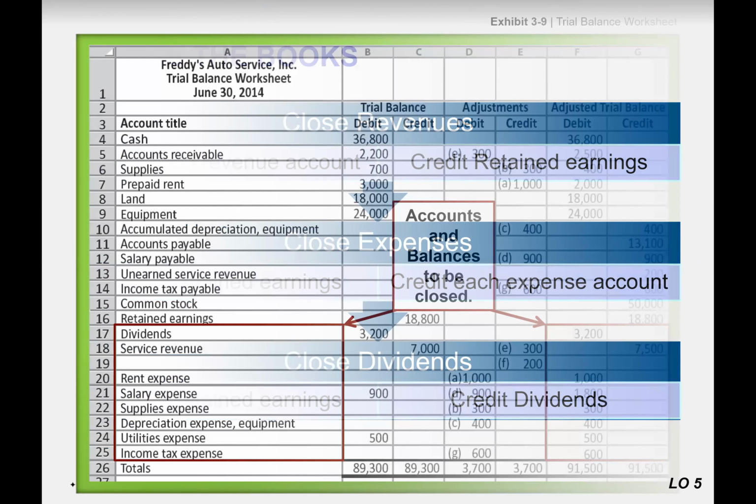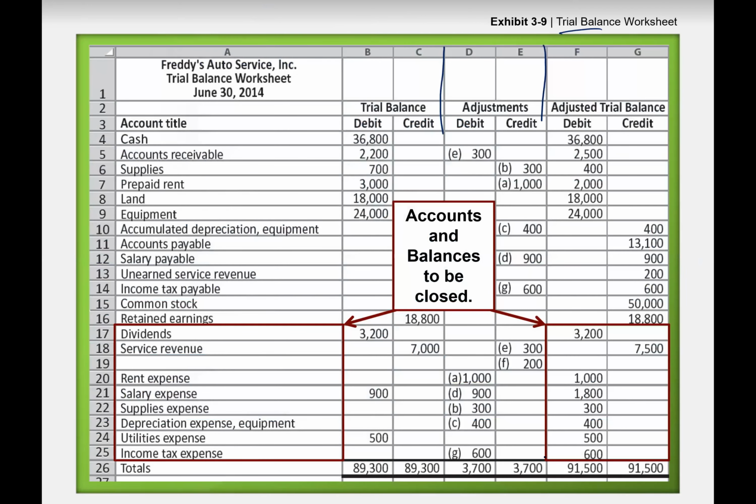So here we go. This is our trial balance, the normal trial balance, and these are the adjustments. We just did that, and this is the final adjusted trial balance. So you see which items we need to close down. All those items, see, that belong to the income statement. So income statement, dividend, see, dividend is debited.